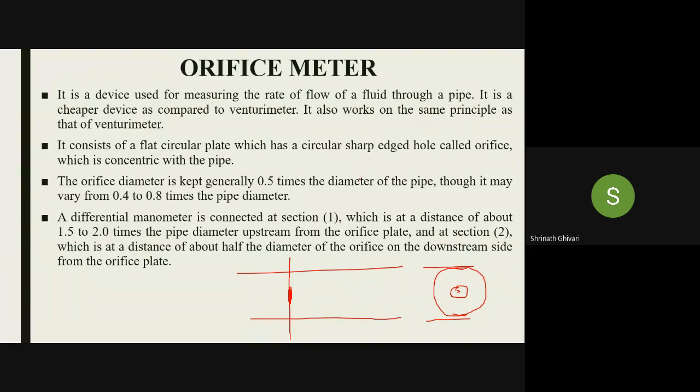A differential manometer is connected at section 1, at a distance of about 1.5 to 2.0 times the pipe diameter upstream from the orifice plate, and at section 2, at a distance of half the diameter of the orifice on the downstream side of the orifice plate. One manometer will be connected here, another at some distance here. I'll show you the diagram in the next slide.